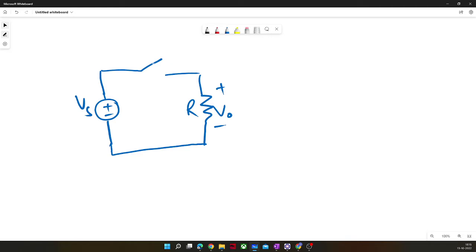Why? Because if the switch is closed for dt period, your voltage will get Vs. And if your switch is off, V naught will not receive any kind of voltage, right? So the similar thing happens in a buck converter, just that the capacitor and inductor try to smooth the waveform and give us the pure DC at the output that we require.